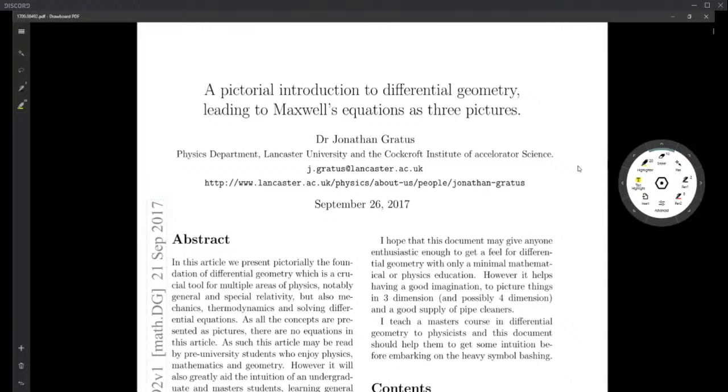So the paper we'll be talking mostly about is the one in front of us right now: a pictorial introduction to differential geometry leading to Maxwell's equations as three pictures. What we are trying to focus on in this paper is not the mathematical aspect of differential geometry.